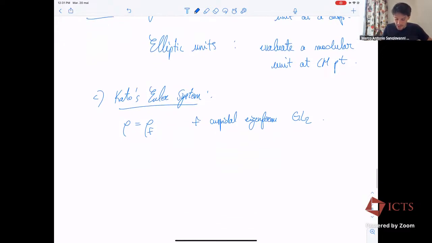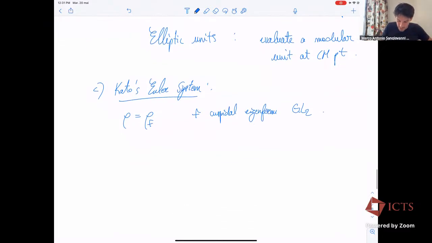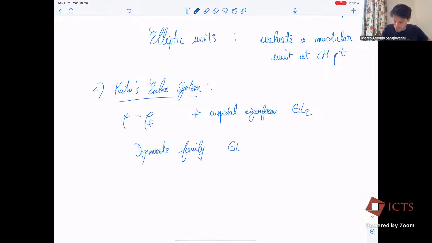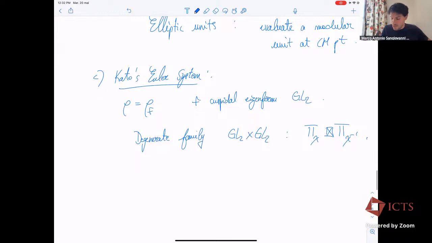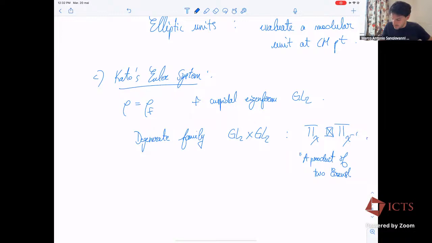And what Kato does is that now the degenerate family lives on GL2 times GL2, and it's just the product of two Eisenstein series. So it's E chi times E chi inverse, essentially. Okay, this is for central character reasons. So a product of two Eisenstein series.